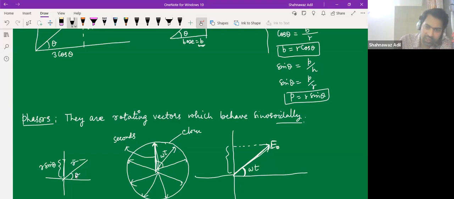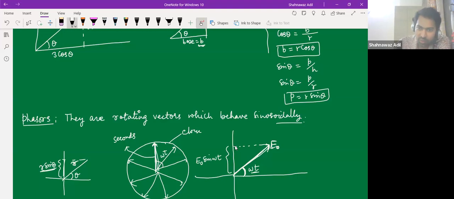Similarly, you have this E naught magnitude and this angle. So what would be this component? Magnitude is E naught, which is r, so E naught sine theta, and theta is omega t. This is the angle it is making.